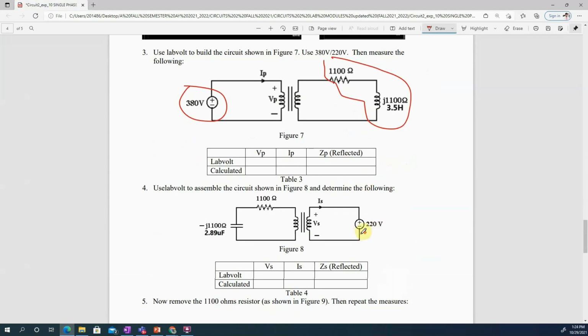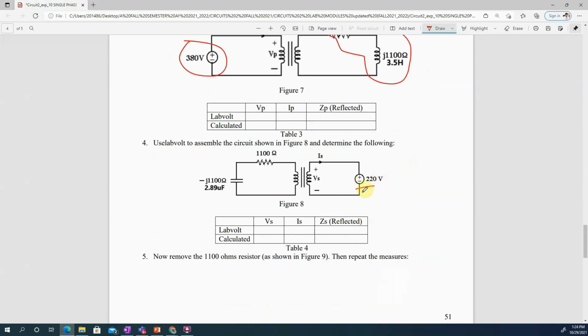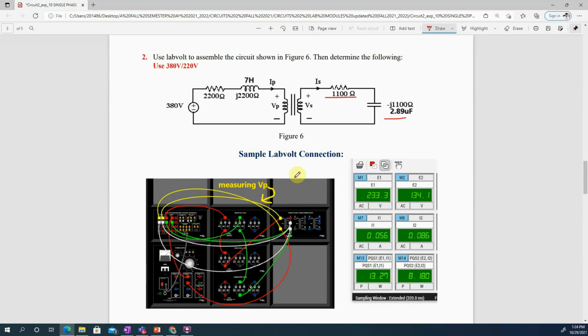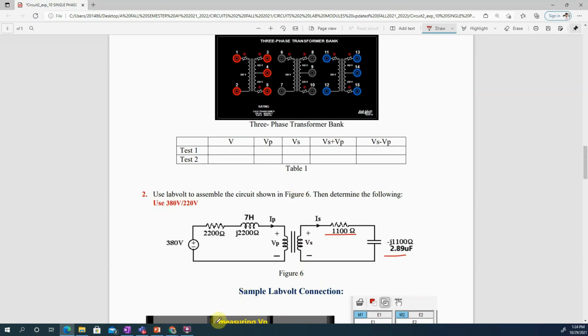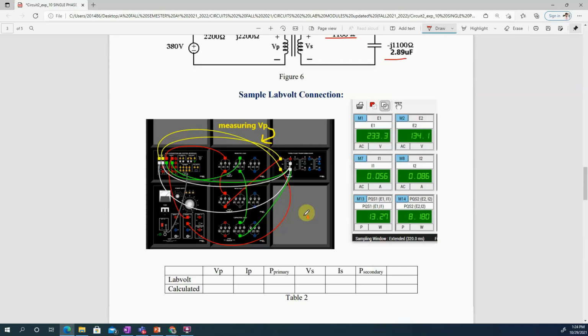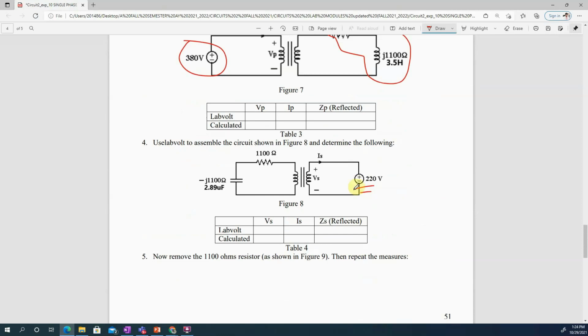Also here we need to connect the source 220 to the other side. So it means your transformer, where's your transformer here? This will be the source connected here, and the output will be connected there, just like here. Right? The source here, and we have here two sources, two impedances.